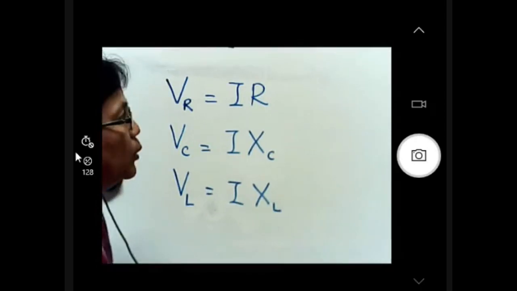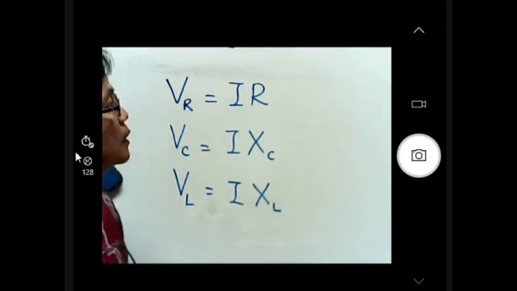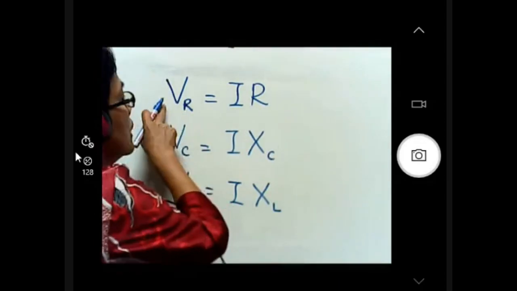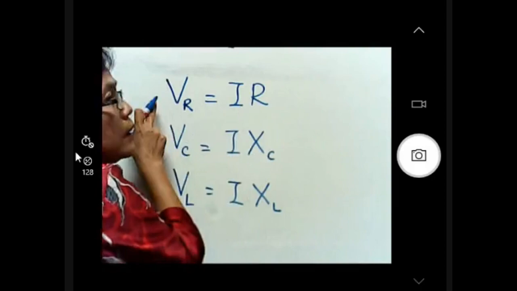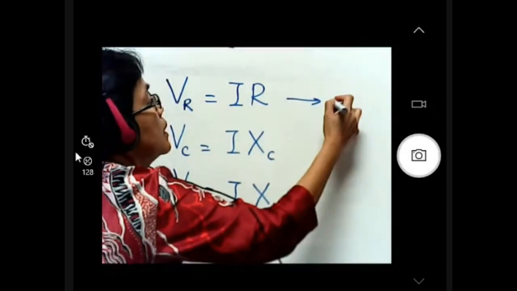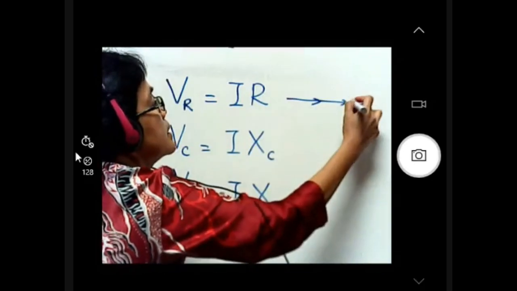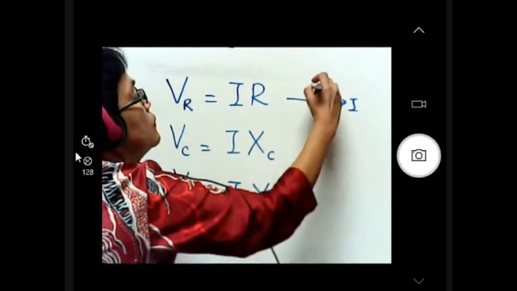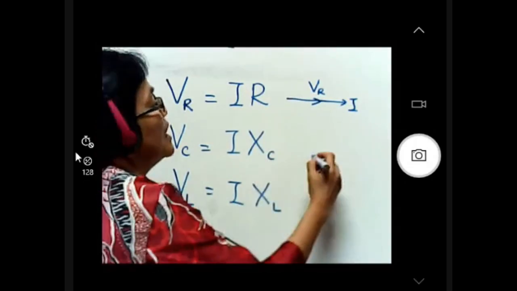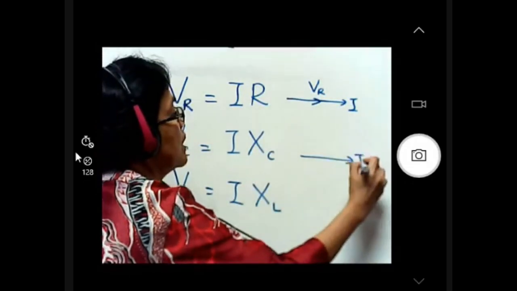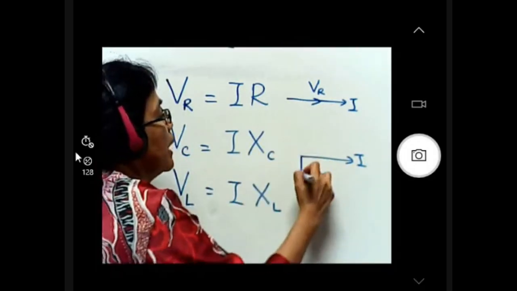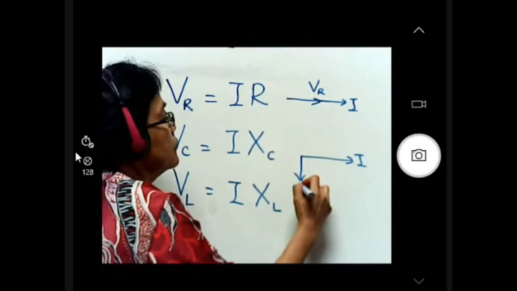So now back to our concept. Do you still remember? For a pure resistor, the timing of current and voltage across a resistor is the same. Meaning, if the current is at sine, the voltage across resistor is also at sine. But if the current is at sine for capacitor, the voltage will be at negative cos.